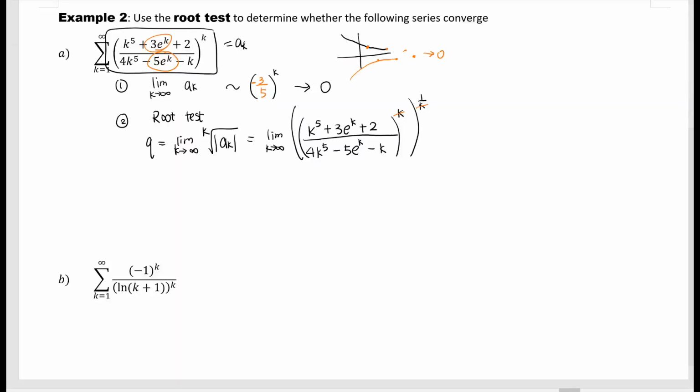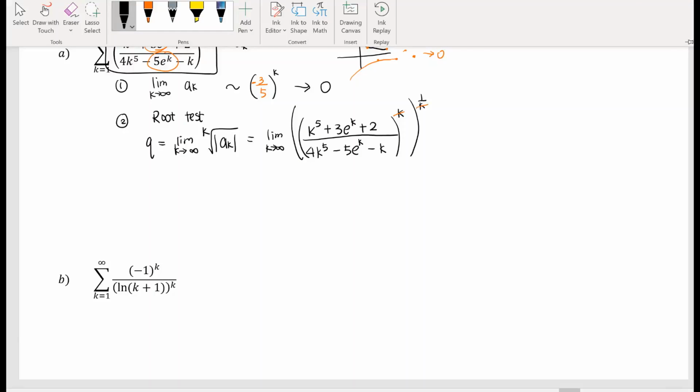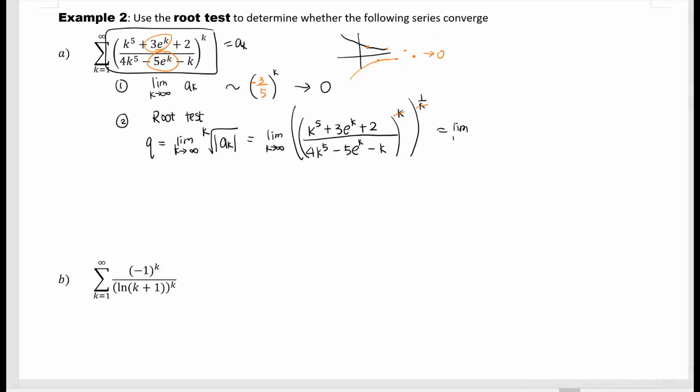They cancel. So we only have the things inside the parentheses. So k to the fifth, 3 e to the k. Oh, I forgot absolute value. So the absolute value should be outside of a sub k.